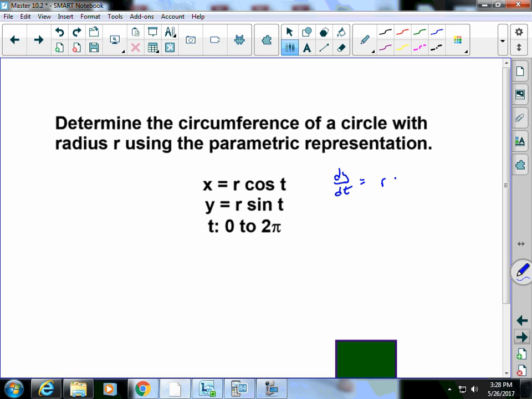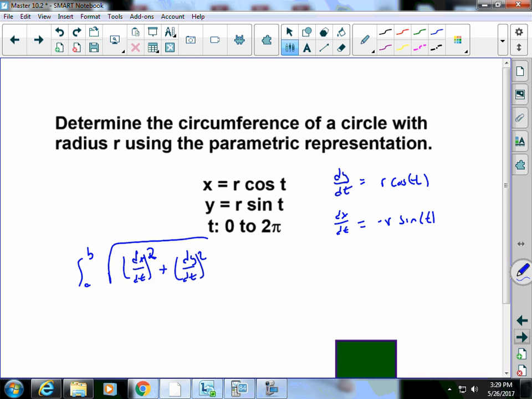I think it's r cosine t. The derivative of x gives me r sine t with a negative. So now I'm going to go from a to b of the square root of (dx/dt) squared plus (dy/dt) squared, dt.